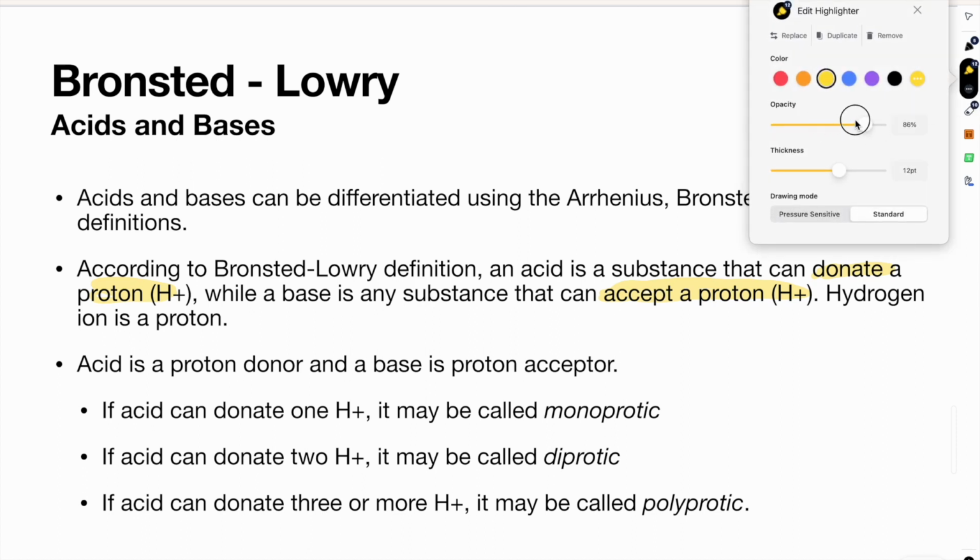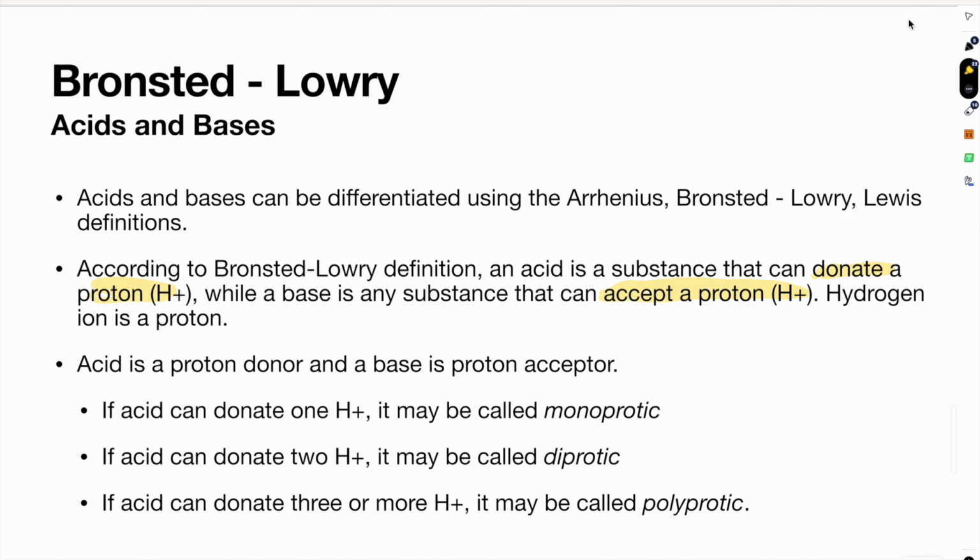A hydrogen ion is a proton. Okay? So it's H+. Remember that acid is a proton donor while base is a proton acceptor.